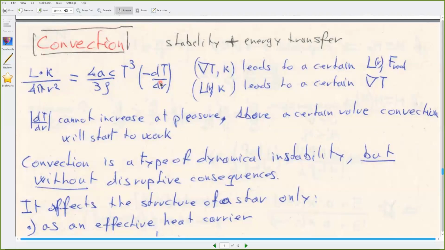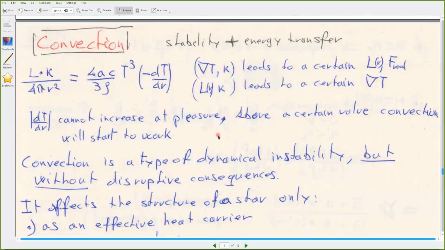This last is important because you cannot increase the gradient, to be more clear, its absolute value. Mathematically, you can increase from -2 to -1, but in absolute value, it decreases. The gradient in absolute value cannot increase at pleasure.